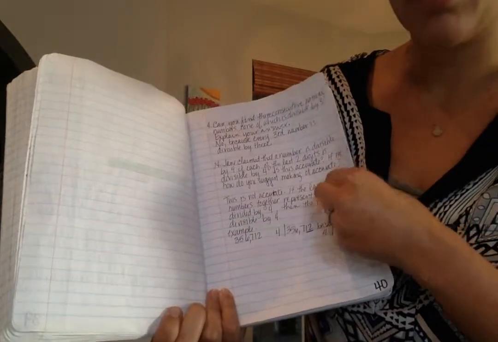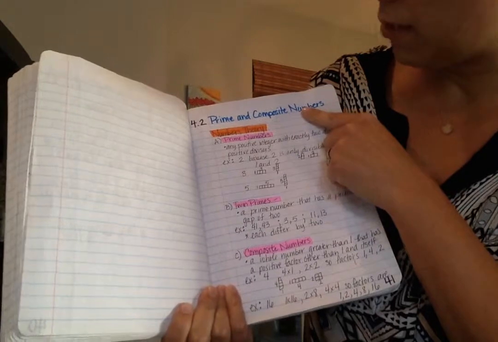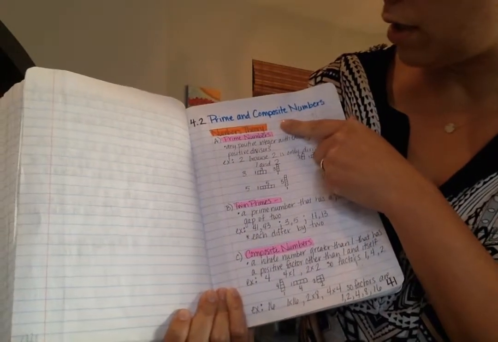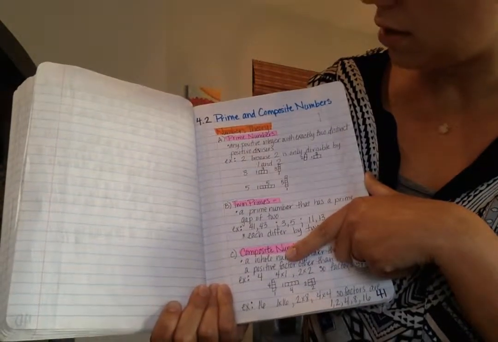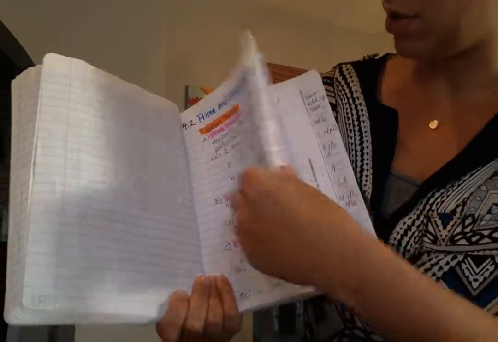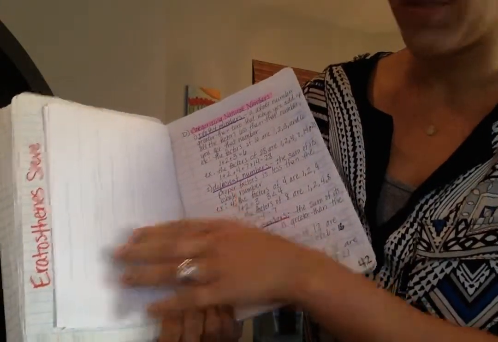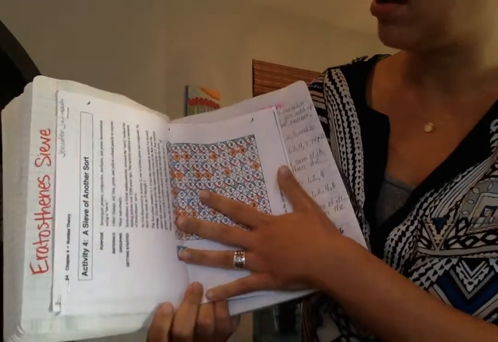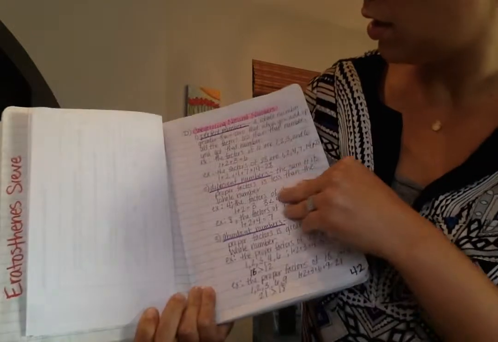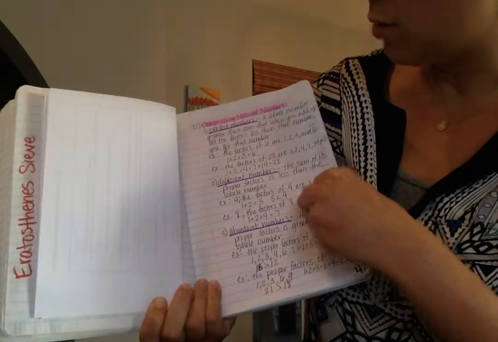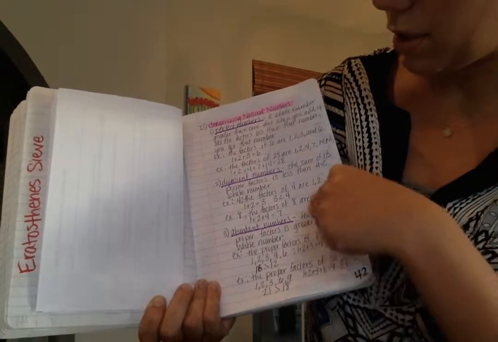Continuing with the mathematical connections for 2, prime and composite numbers with number theory, prime numbers, twin primes, composite numbers, this activity we had with the sieve I've stapled in here. Categorizing natural numbers: perfect numbers, deficient numbers, abundant numbers.